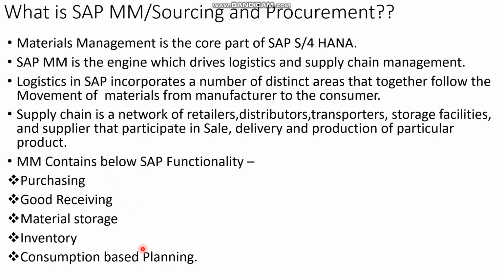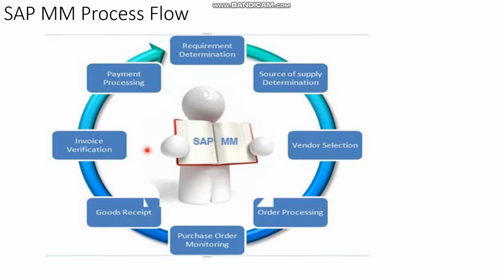If all these functionalities work properly, then only our organization's logistics and supply chain will work firmly to deliver the final product. Those who are working in these sectors can easily choose the SAP MM module for their further career.